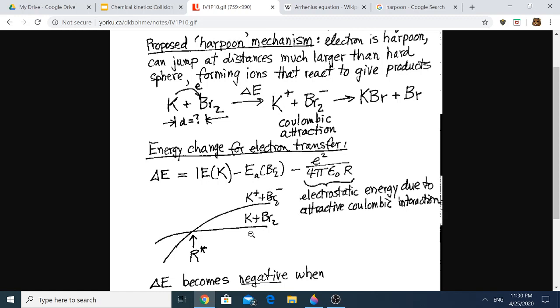Firstly, you can think of the ionization of the potassium atom. It loses an electron, and removal of an electron from potassium is an endothermic process, so it's a positive energy change. At the same time, there's also the attachment of the electron on the bromine molecule, which is exothermic, a negative EA. Electron affinity is supposed to have a negative value, but here they put it as a positive value, so when you subtract it, it becomes a negative value.